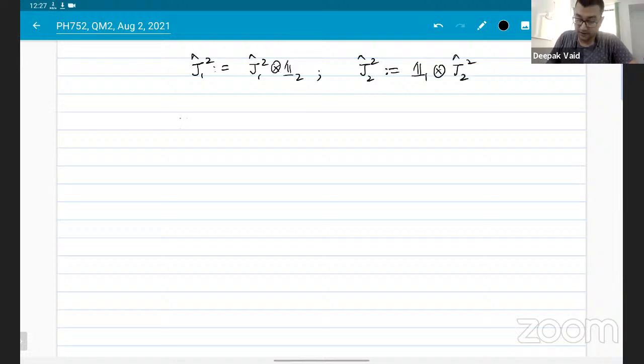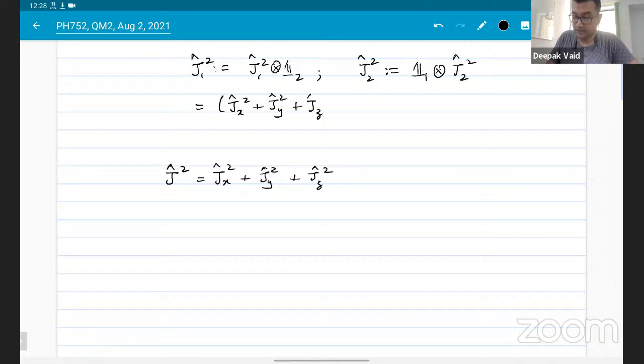What is this J square? J square is composite Jx squared, composite Jy squared, composite Jz squared, right? And what is J1 squared? J1 square is Jx squared, Jy squared plus Jz squared, tensor I2, right? And what is this guy?